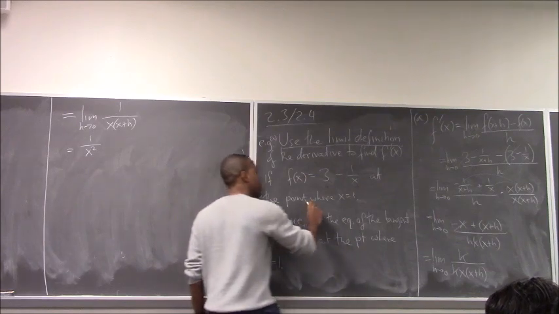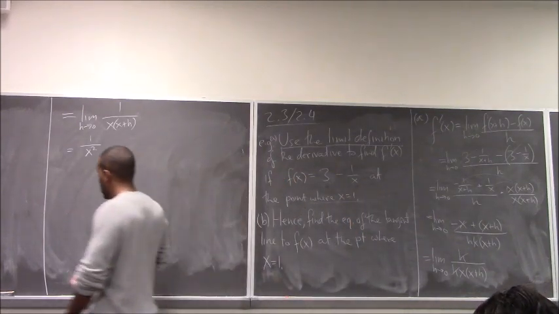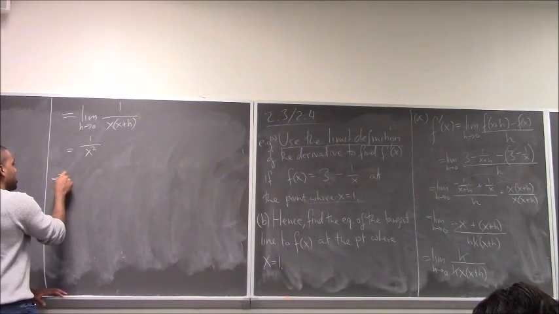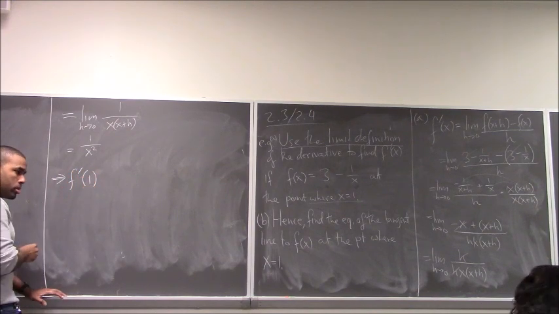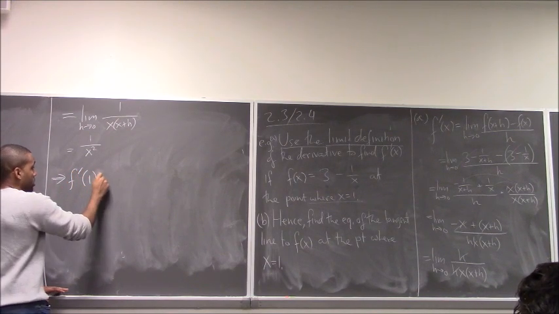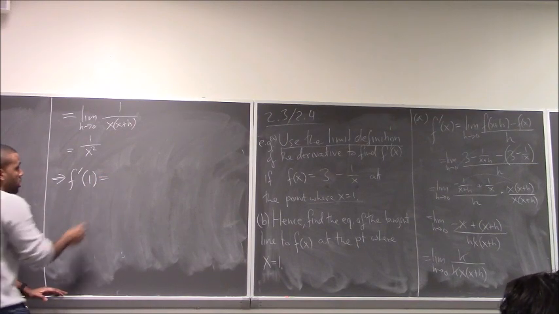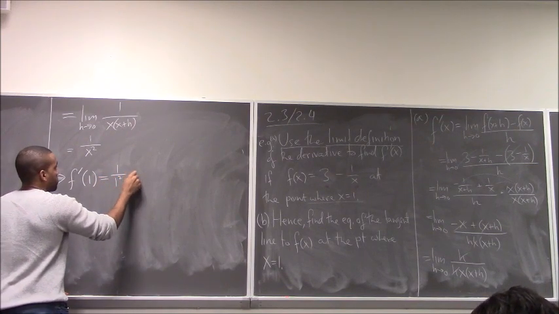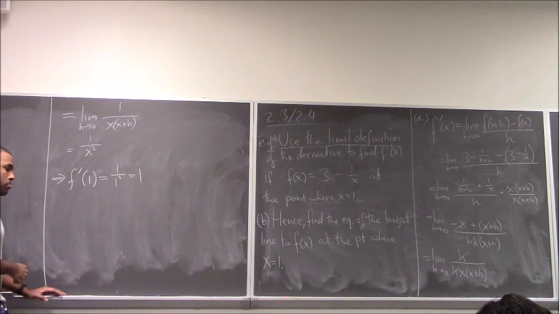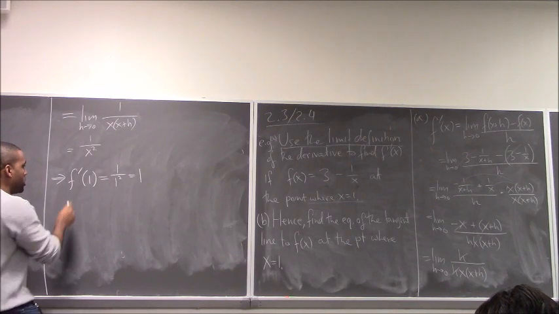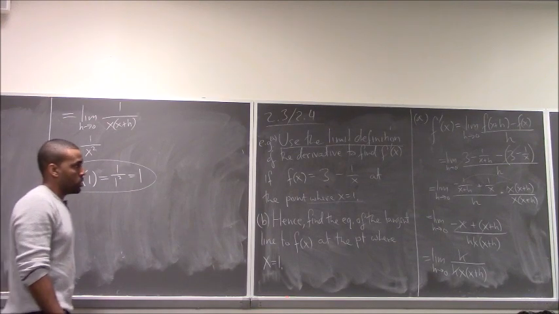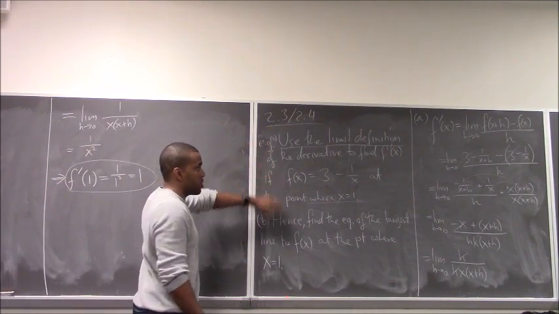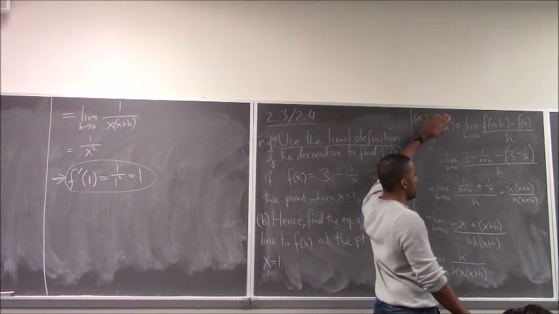They specifically asked the point where x equals 1. So this means that f prime evaluated at 1, because f prime is a function just like the other one, and I would just plug in 1. And so that would be the answer. So whenever it says use the limit definition to find a derivative, I do expect you to go through this formula.